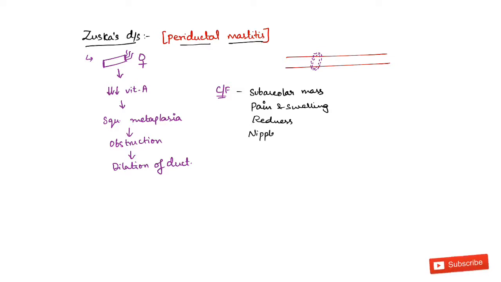Nipple retraction is also seen in this condition. And due to the overgrowth of the luminal cells or epithelium, there may be fistula formation. These are the clinical features associated with Zuska's disease. It may also be associated with malignancy.